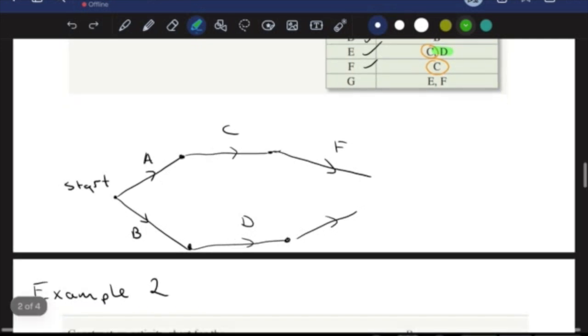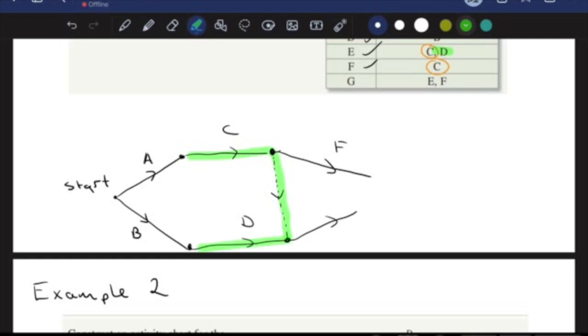So here is where we need to draw in our dummy activity. So what I'm going to do is draw this imaginary line on our network diagram that connects C to D over here. Now what this does is it shows that we can flow from C down to here and from D over to there.